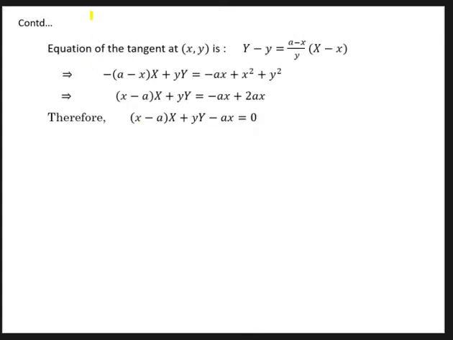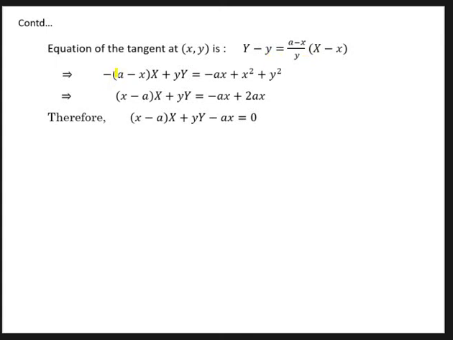Then consider the equation of the tangent at x comma y, that is capital Y minus y is equal to a minus x by y into capital X minus x. See, the equation of the tangent is Y minus y is equal to dy by dx into X minus x. So the dy by dx value is a minus x by y. Now simplify this by cross multiplying and simplifying.